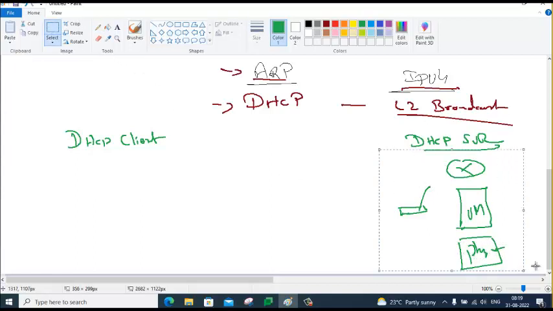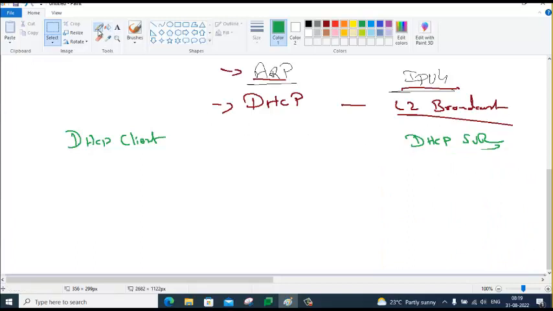Fine. So let us assume we have one DHCP server, and now let me draw it as a router because we are in routing class. So the router is now configured as a DHCP server, and there are many computers. We don't know how many.